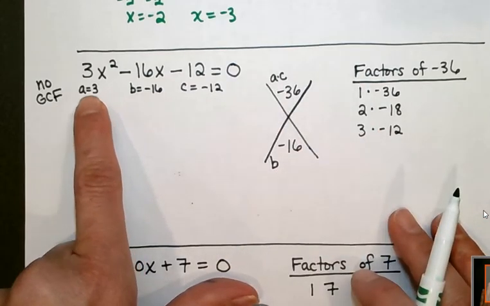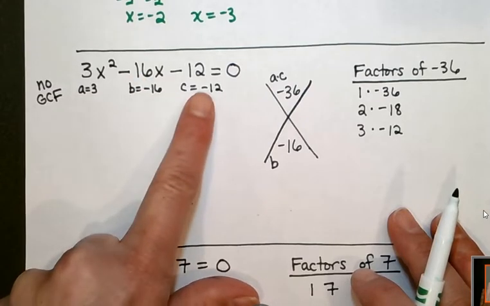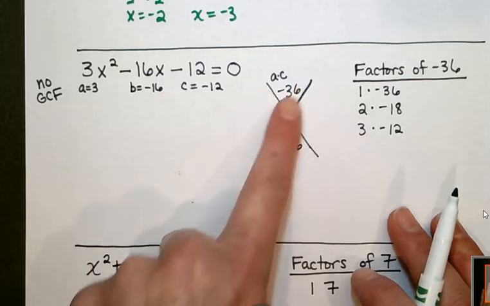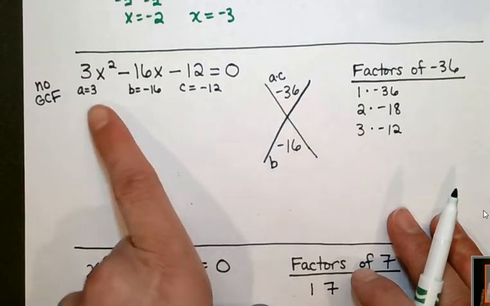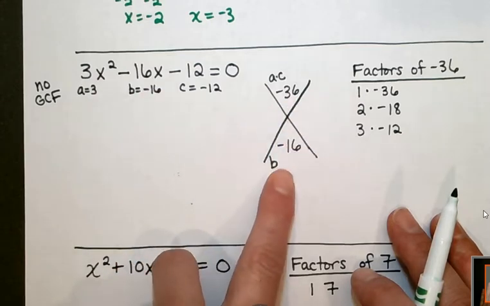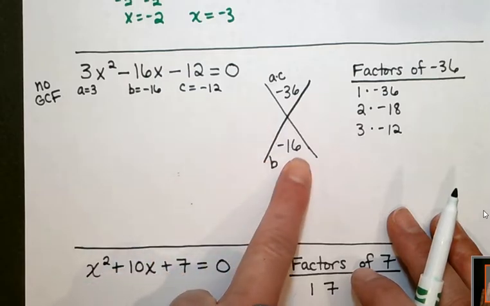I know that a is 3, that's the leading coefficient here, b is negative 16, and c is negative 12. When I use my x method, at the top of my x, I'm going to put the product of a times c. So 3 times negative 12 is negative 36. And at the bottom of my x, I'm going to put what b is, and that's negative 16.